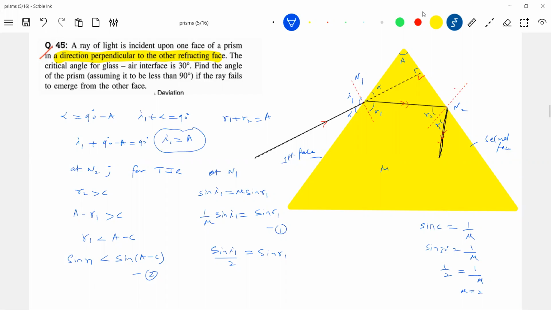I think I'll give numbers like this: 1, 2, 3. So I1, I can write as A. R1, R1.